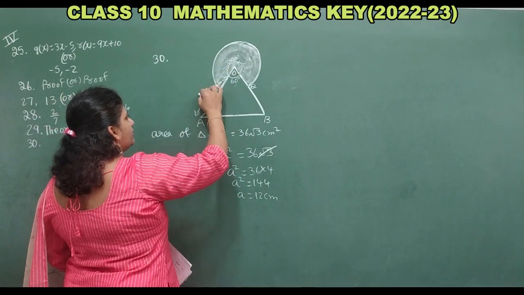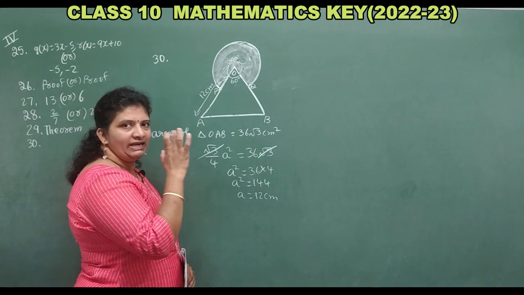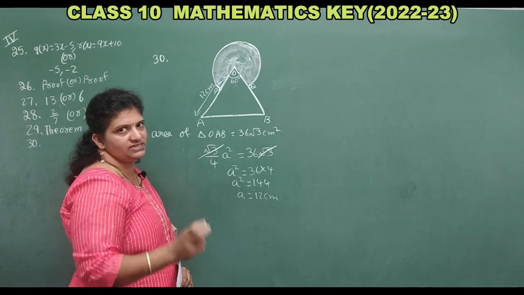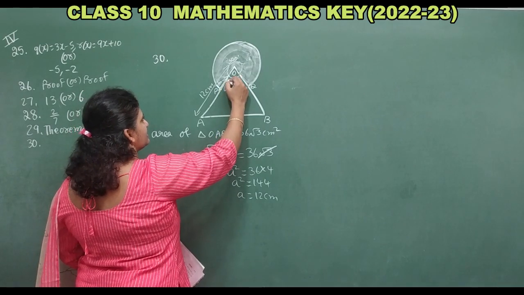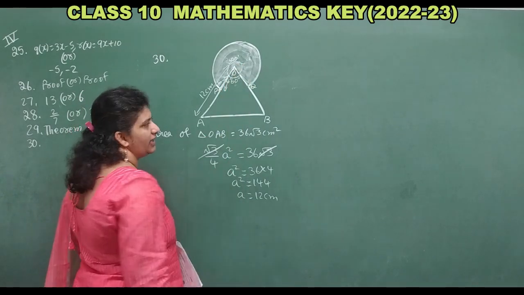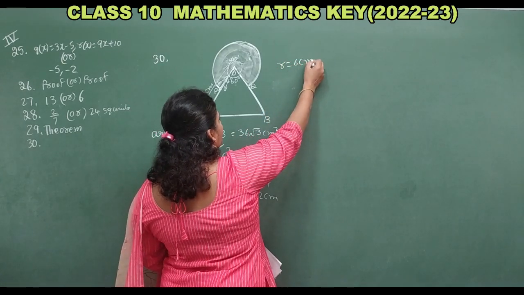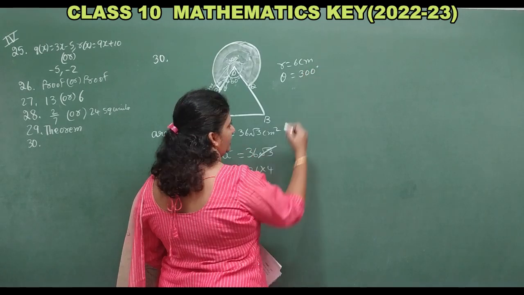Now we got the side of the equilateral triangle. How much? 12 centimeters. In order to find the radius, P and Q are the midpoints of the sides. So half of 12 will be 6 centimeters. That is your radius. So we know the radius is equal to 6 centimeters and your angle theta is equal to 300 degrees.